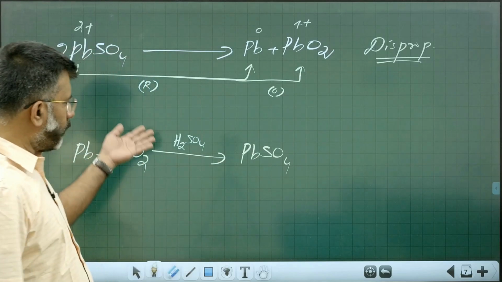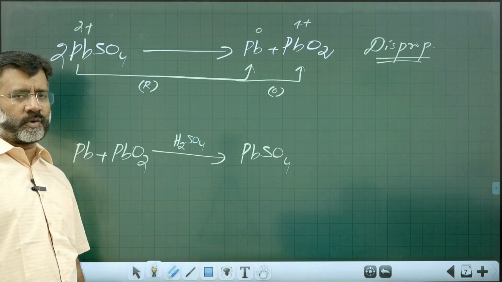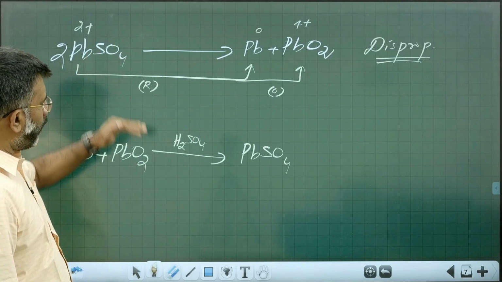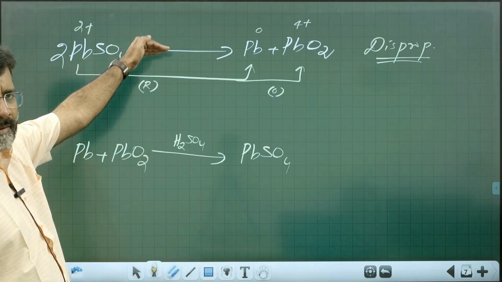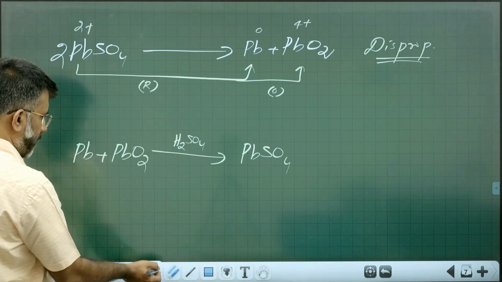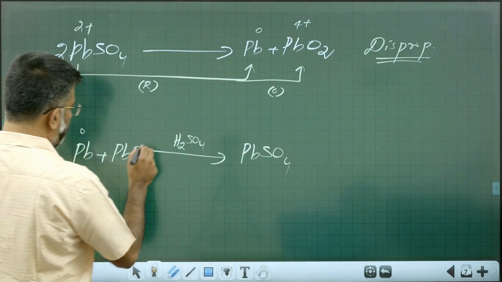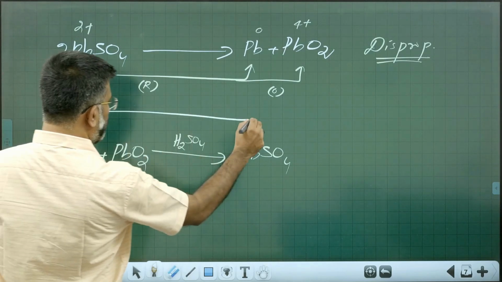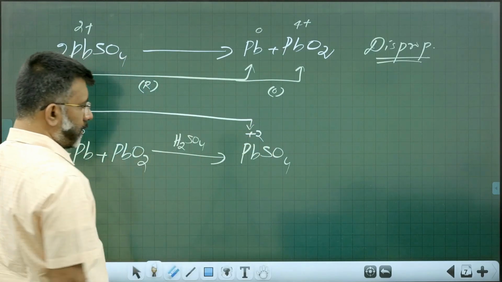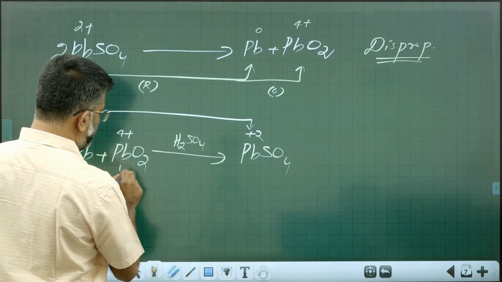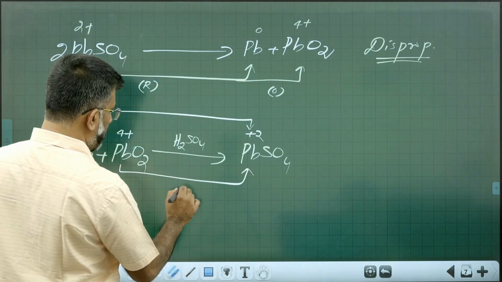Now look at the reaction that is originally happening in the lead accumulator, which is just opposite to the previously written reaction. You see the speciality of that reaction. What is happening here? Pb0 is converted to Pb2 plus by oxidation, and Pb 4 plus is reduced to Pb2 plus.